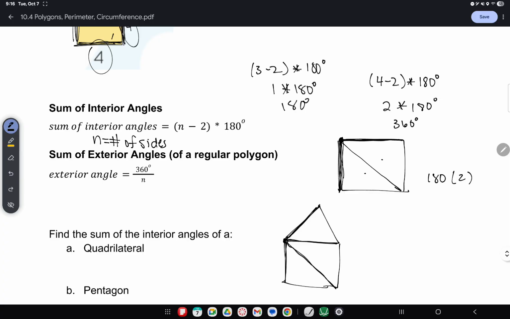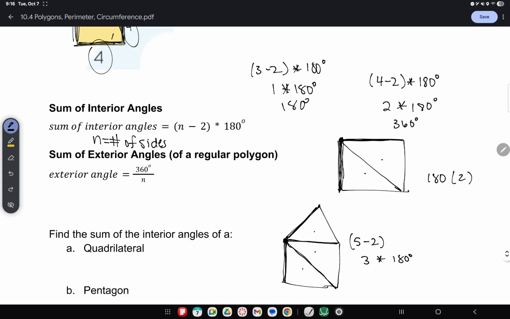So do you see how I share 2 sides that are already included? And I have 1, 2, 3 triangles. So notice if I did the formula, 5 minus 2 gives me 3. And I'd multiply that by 180 degrees to get that interior angle sum. We'll fill out the rest here in just a second.